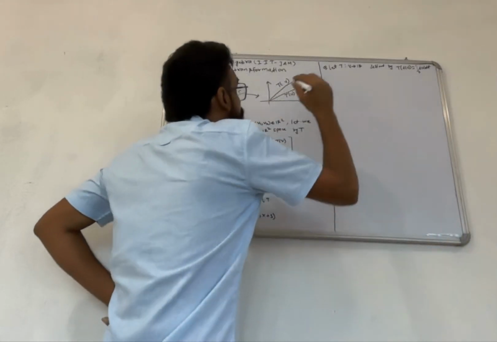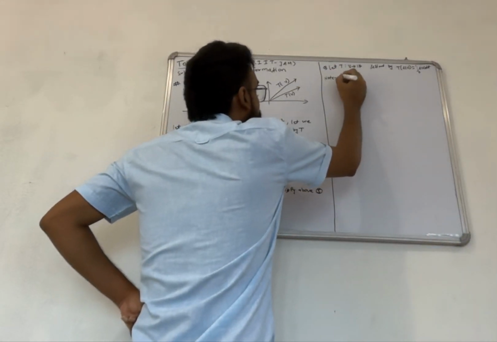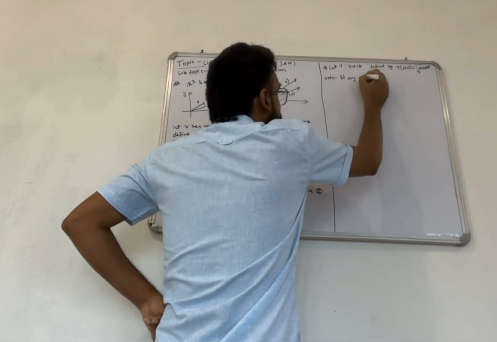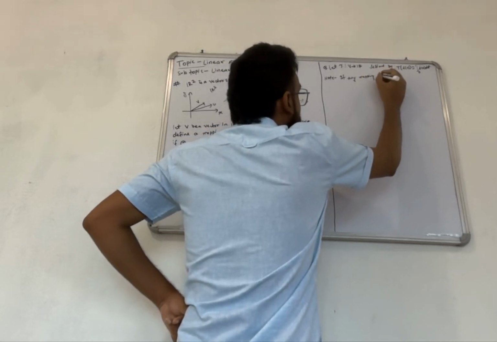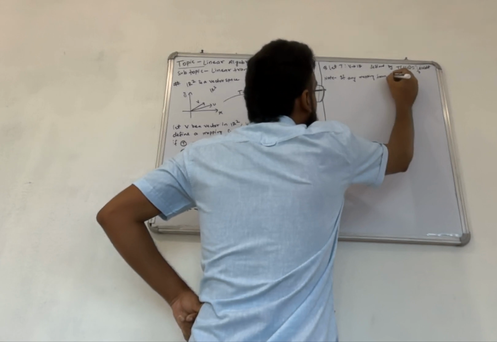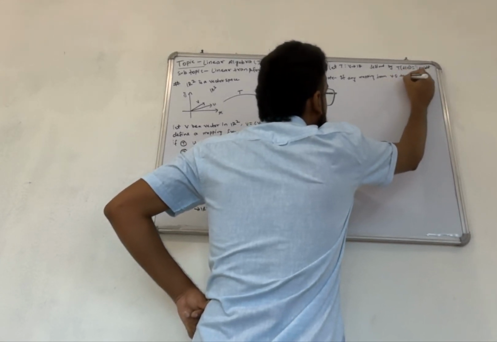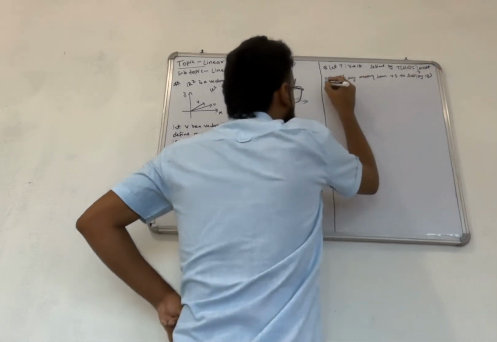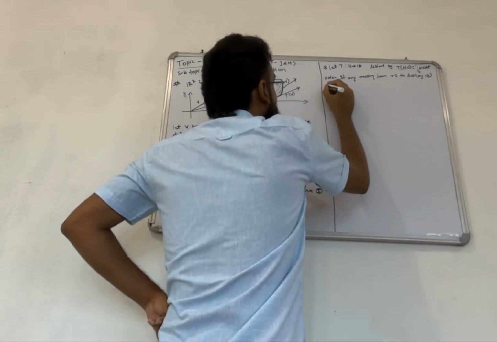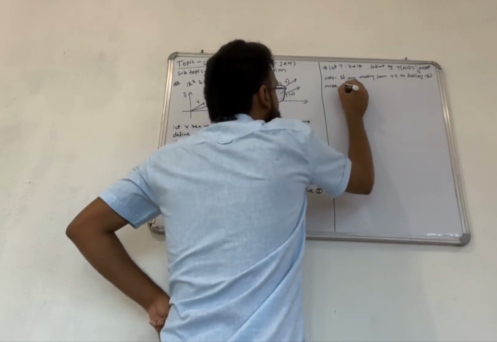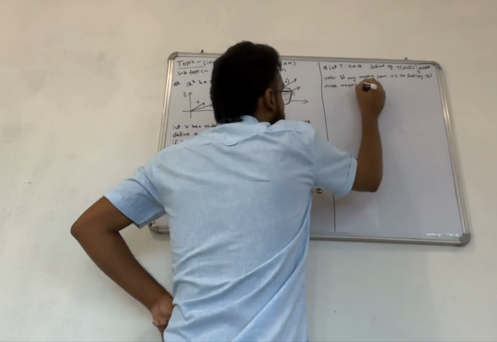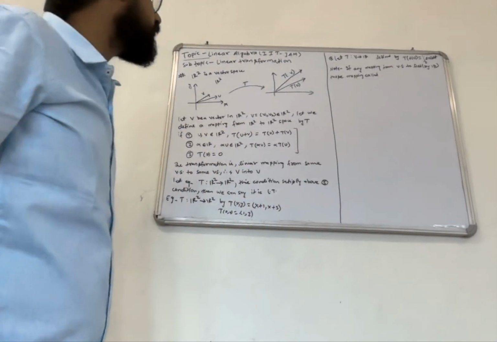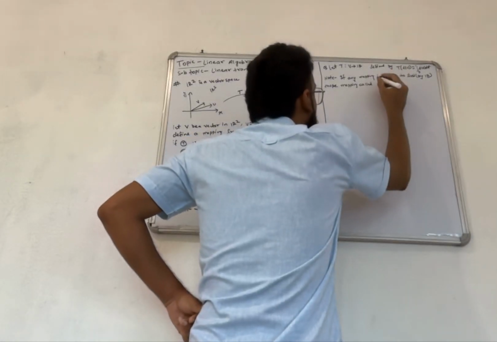Okay, so note, any mapping from a vector space to a field, say R, is called a functional, and here it is a linear functional.